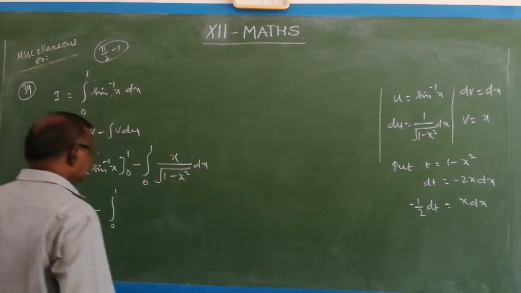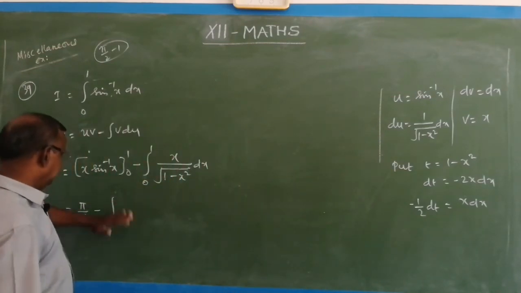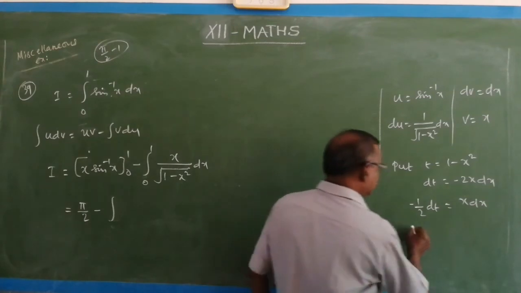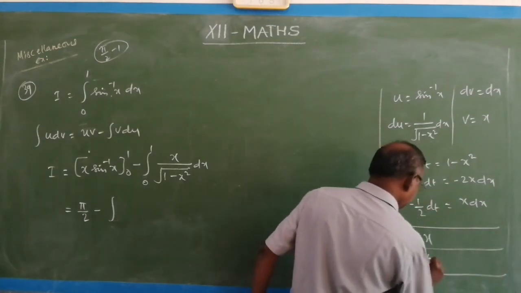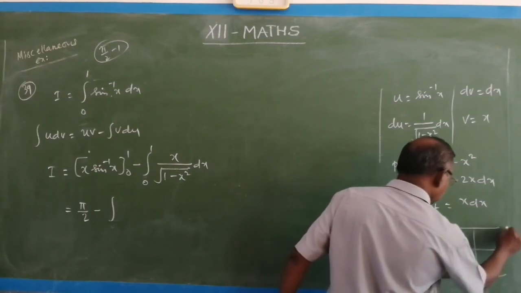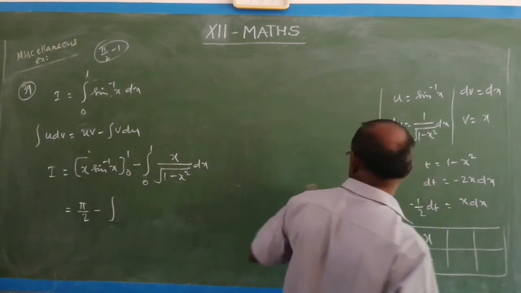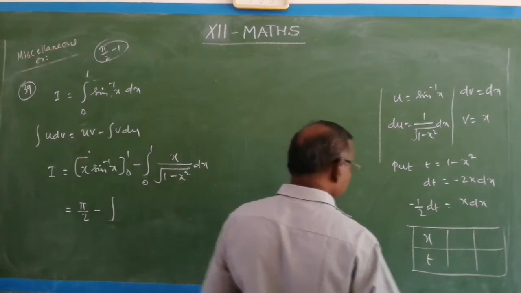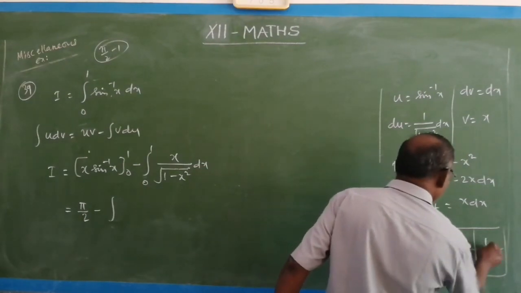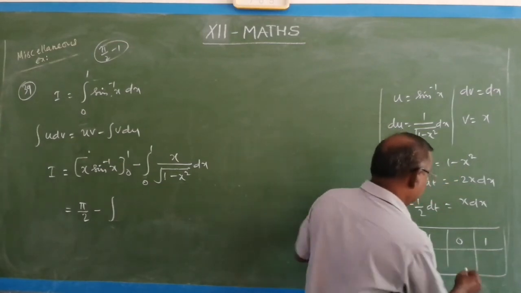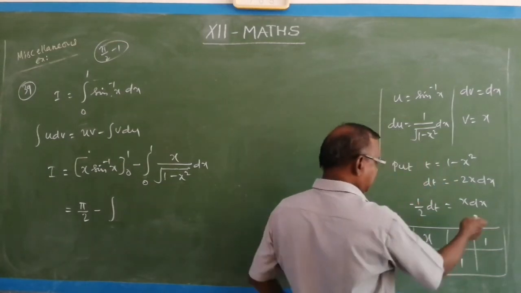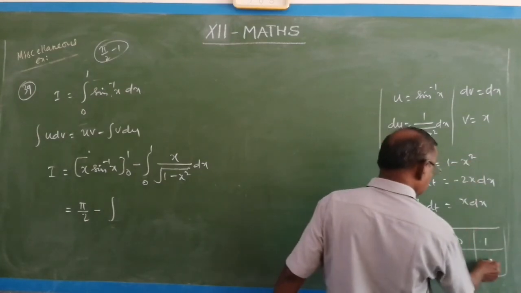Now, the new limits: when x equal to 0, t equal to 1, and when x equal to 1, t equal to 0.